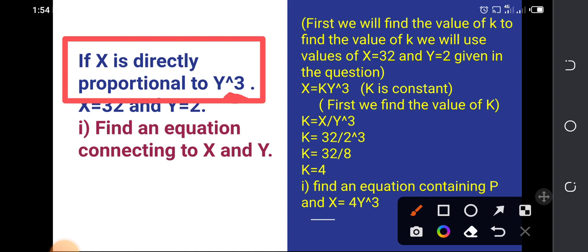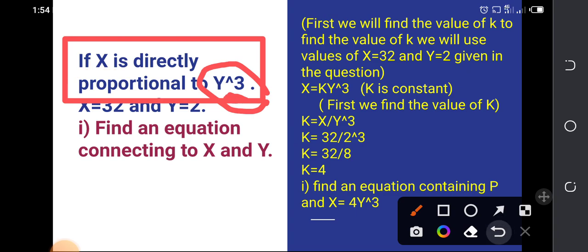All three of these ways are used to describe y cube, or y power 3, or y index 3. The exponent of y is 3. Okay, so x is directly proportional to y cube.